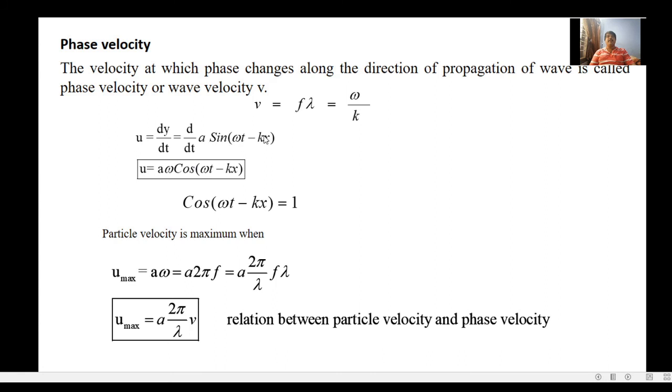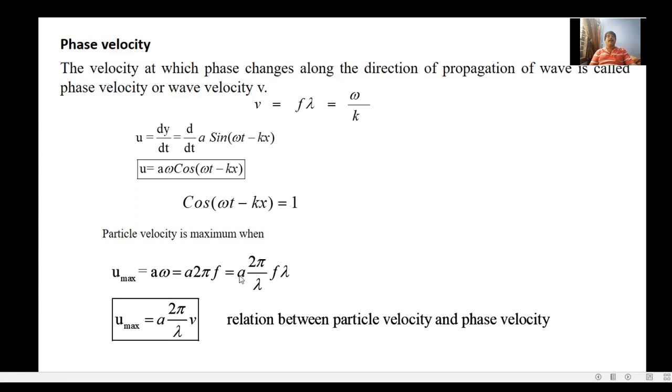We know that the progressive wave is given by y = a sin(ωt − kx). Differentiate this equation with respect to time. Here we get u = aω cos(ωt − kx). The particle velocity is maximum when cos(ωt − kx) = 1. Therefore, u max = aω, but we know that ω = 2πf. Then we substitute the value of f, or divide and multiply this equation by λ.